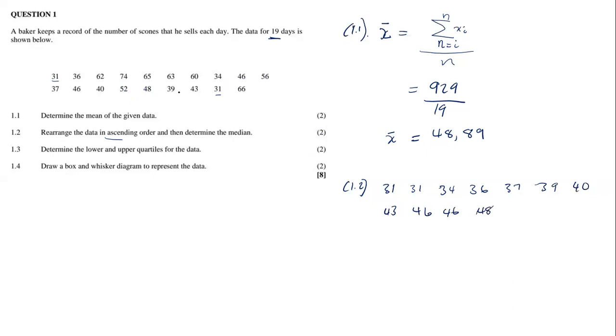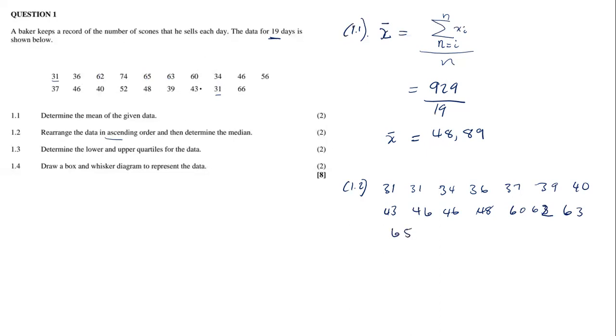After 48, I see 60, and then I see 63. Oh, before 63, there is 62. So we have 60, 62, and then 63. And then 65.